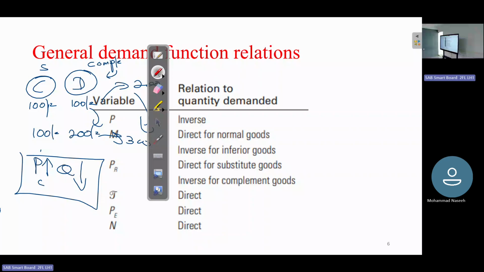There are some products whose demand also increases as a result of increasing income. Those products we call normal goods.